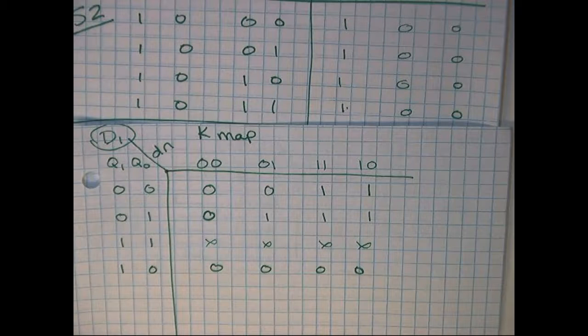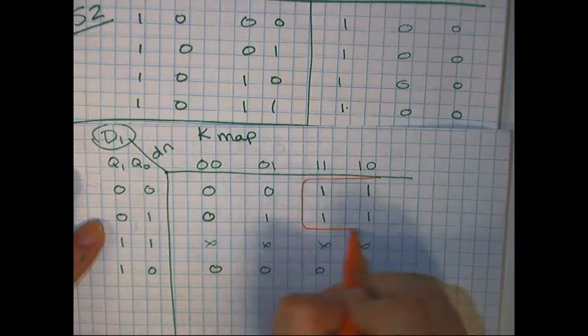And what are we looking for on K-maps? Groups of 1s that we can group together. And we want to group them together in sets of 1s, 2s, 4s, etc. So we have one set right here.